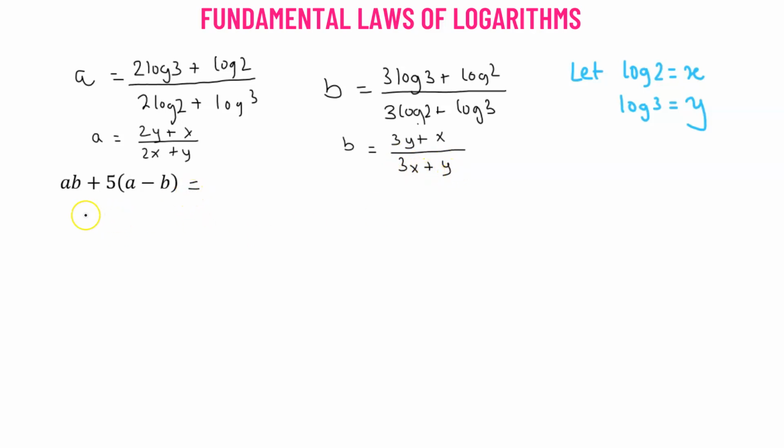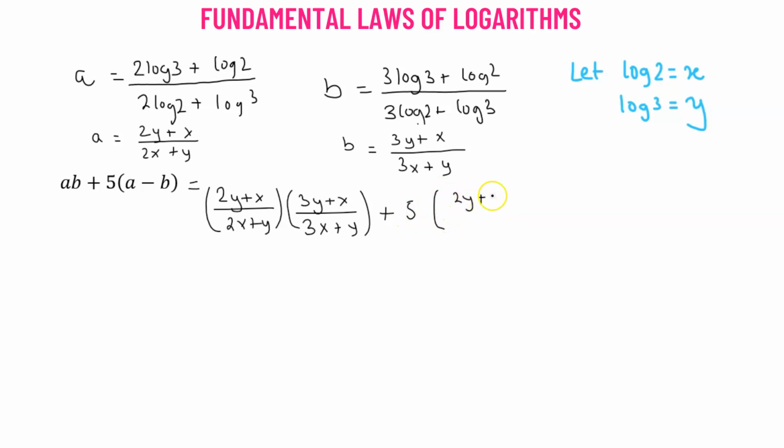So let's use this to find the value of ab plus 5 times a minus b. We'll have 2y plus x divided by 2x plus y, multiplied by b, which is 3y plus x divided by 3x plus y, plus 5 times a, which is 2y plus x divided by 2x plus y, minus b, which is 3y plus x divided by 3x plus y.